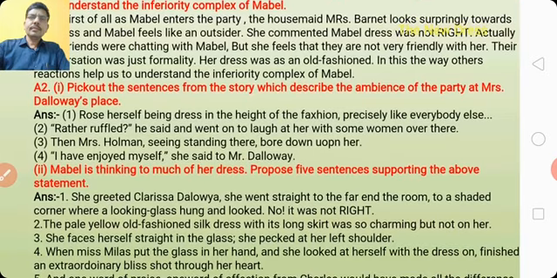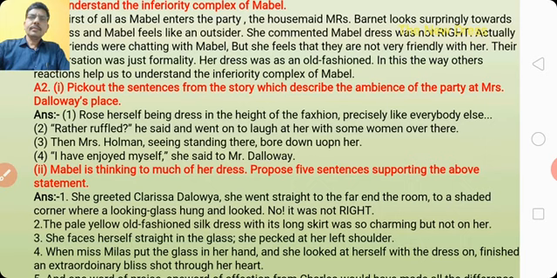Let us see another question. Pick out the sentences from the story which describe the ambience of the party at Mrs. Dalloway's place. Let us see the answer. Number one, Rose herself being dressed in the height of fashion, precisely like everybody else.